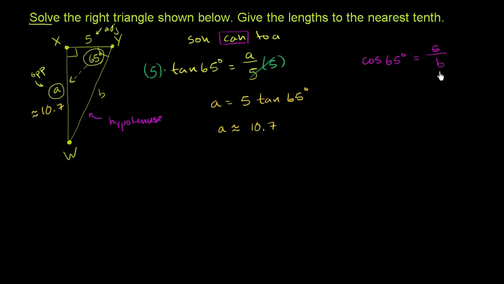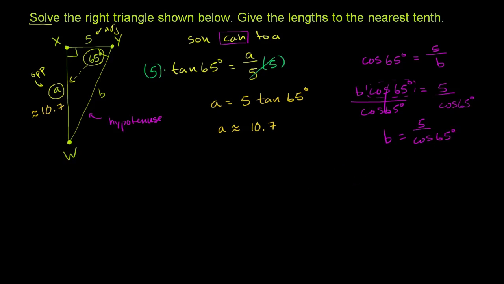Then we can try to solve for B. You multiply both sides times B, and you're left with B times cosine of 65 degrees is equal to 5. And then to solve for B, you divide both sides by cosine of 65 degrees. This is just a number, so we're just dividing. We have to figure it out with our calculator, but it's just going to evaluate to some number. So B is equal to 5 over the cosine of 65 degrees.